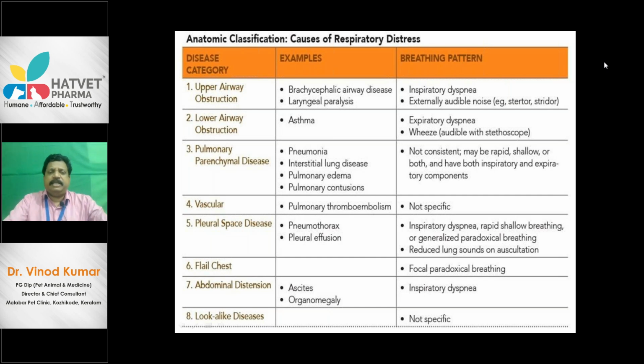So in this condition, we can see during inspiration, naturally the chest should expand. The chest will be expanding, but this area of trauma will be depressing. It will be going inside. That is the typicality. Then during expiration, naturally the chest compresses, but this area will bulge out.